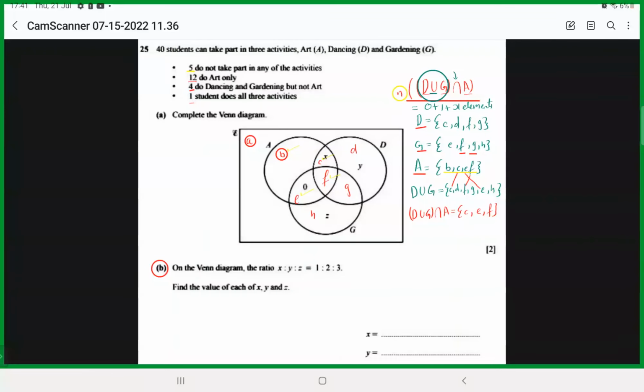Let me just quickly fill in the diagram because that part was needed.